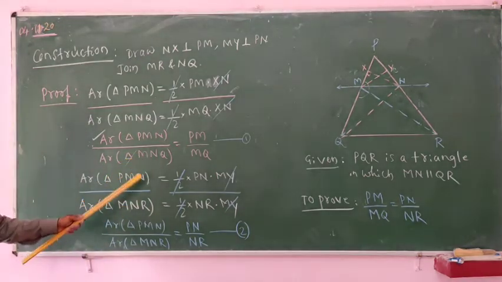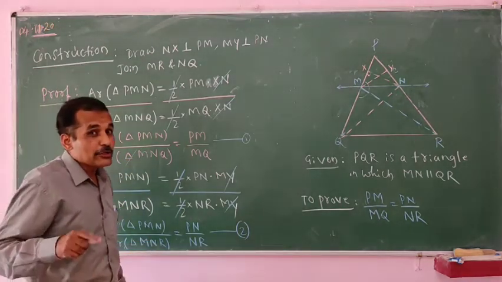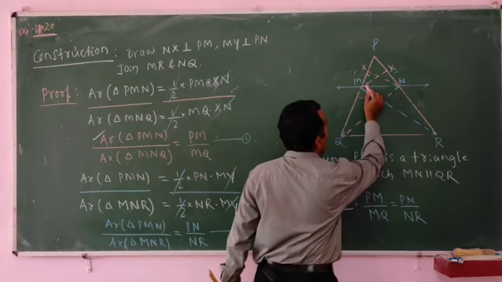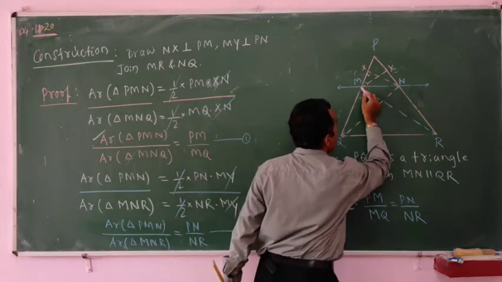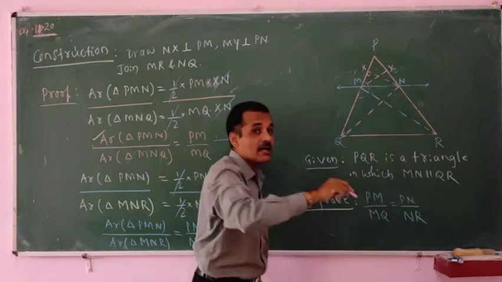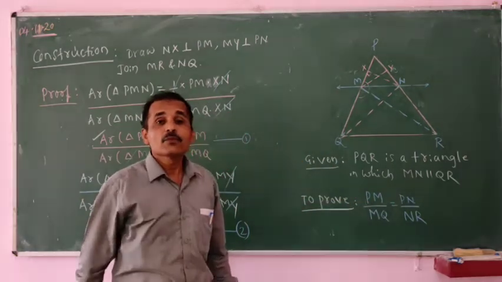How to prove these two areas are equal? Which ones? MNQ and MNR. The areas of MNQ and MNR are equal. Why?